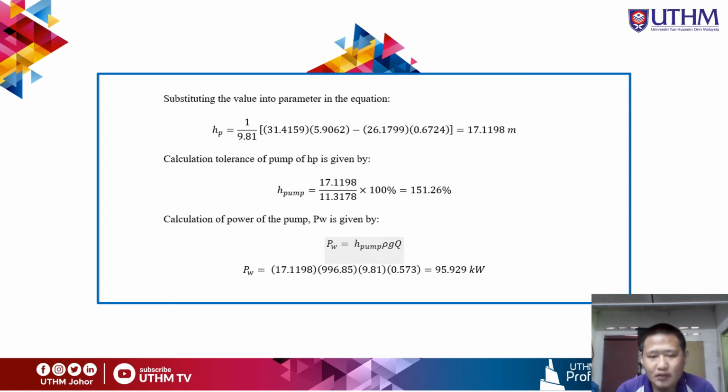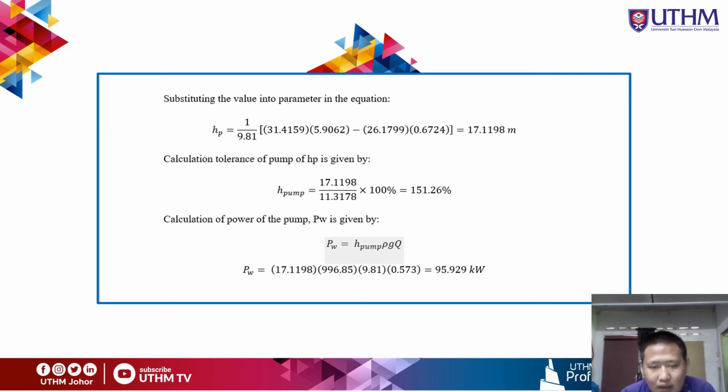So HP equals 1 over 9.81, in bracket, 31.4159 times 5.9062 minus 26.1799, times 0.6724. Then we can get the answer, 17.1198 meters.